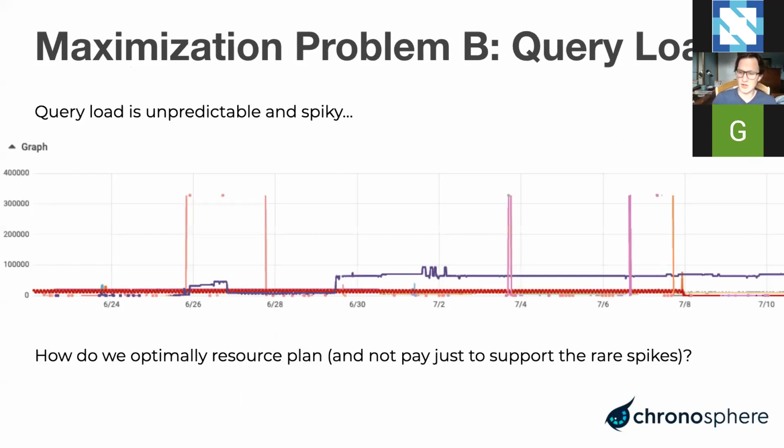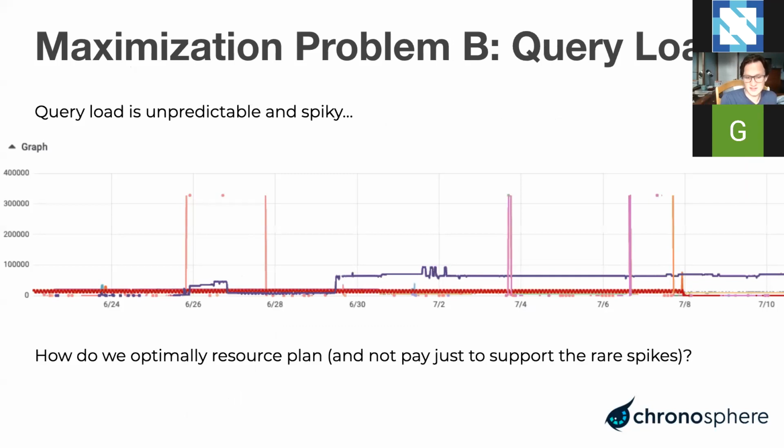Cool. So now let's talk about query load. Another maximization problem is trying to make sure that when we're provisioning instances, we're doing so efficiently. Here's a graph of query load over a couple of weeks.